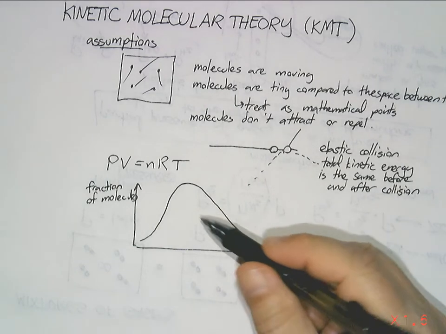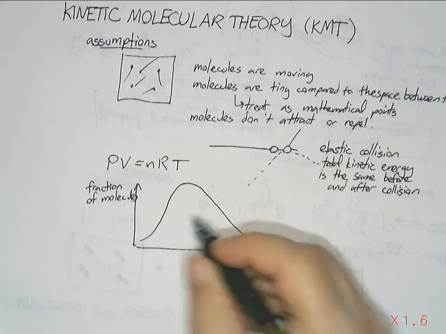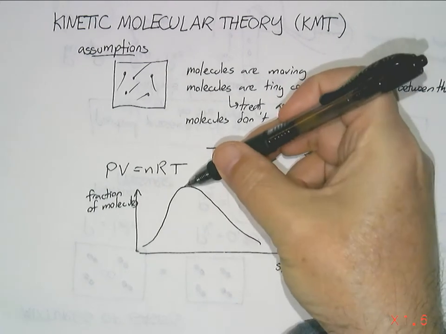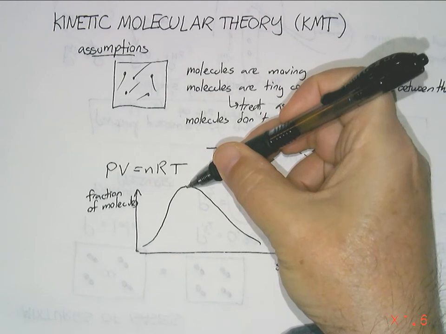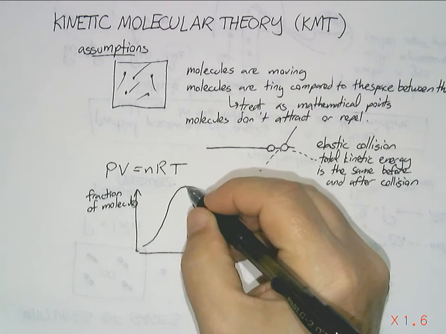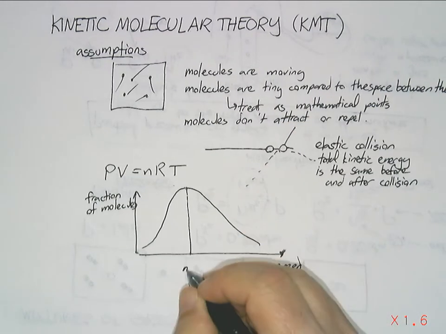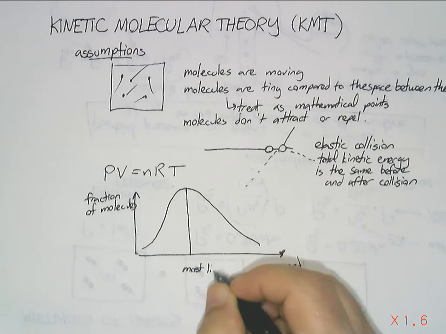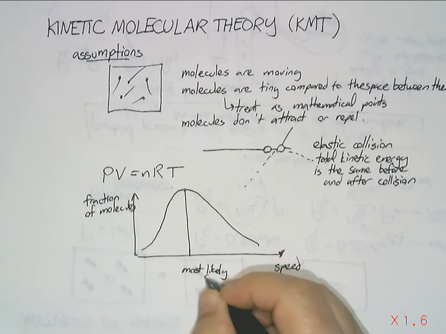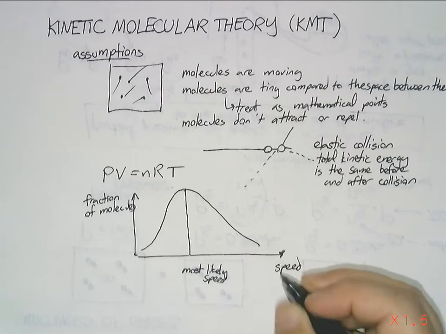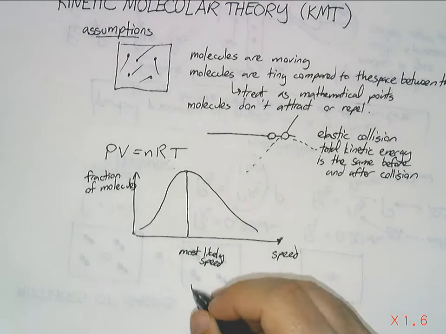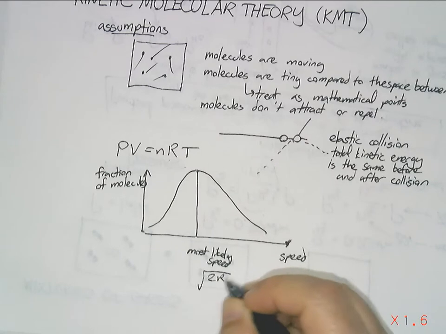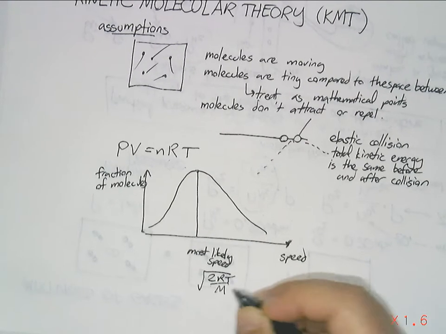And you see that some of the molecules, a big fraction of the molecules, have this speed here. This is the most likely speed that you can have. And it happens to be the most probable speed happens to be square root of 2 RT over m, where m is the molar mass.